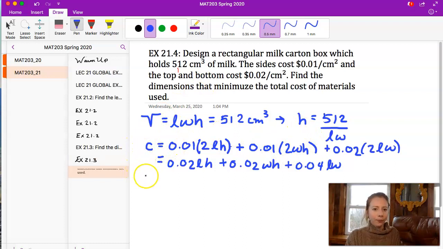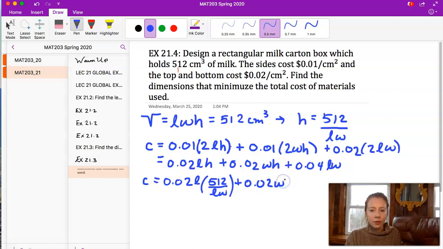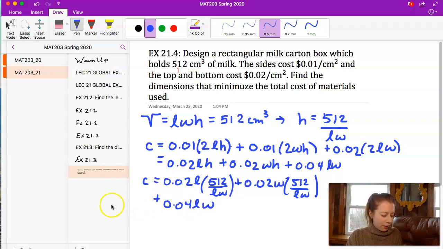So C is going to be 0.02 L times 512 over LW plus 0.02 W times 512 over LW plus 0.04 LW.